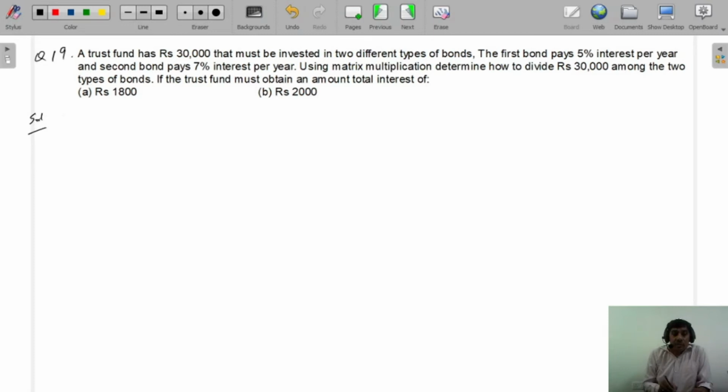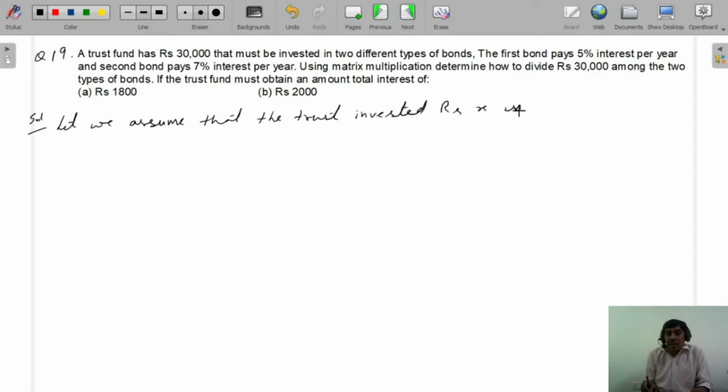Let us assume that the trust invested rupees X in the first type of bond and the remaining 30,000 minus X in the second type of bond.